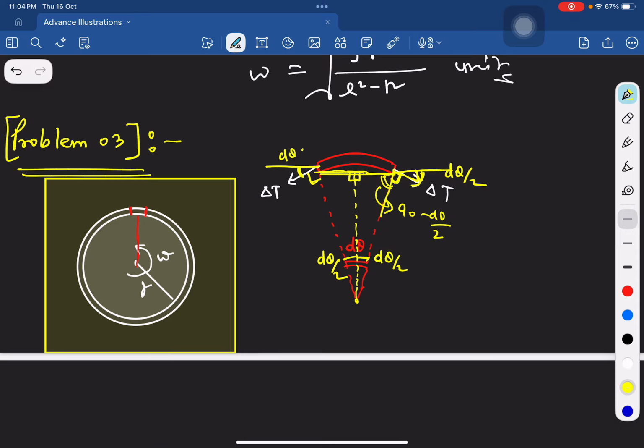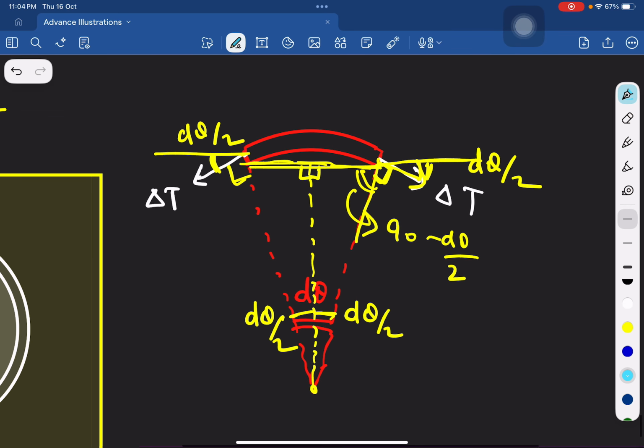Now if I zoom this, I can say that this delta T will have one component along this, and this delta T also will have one component along this.